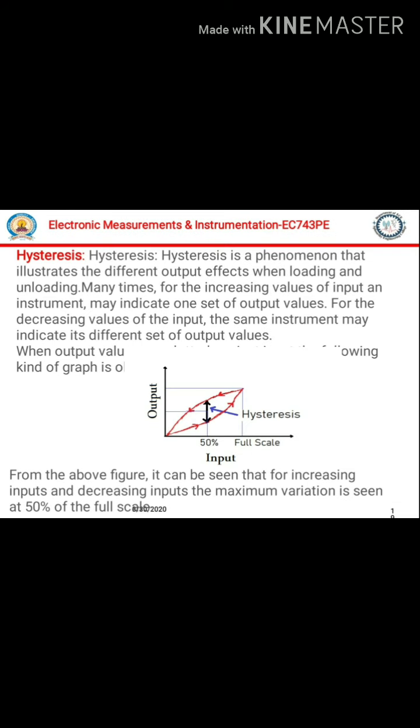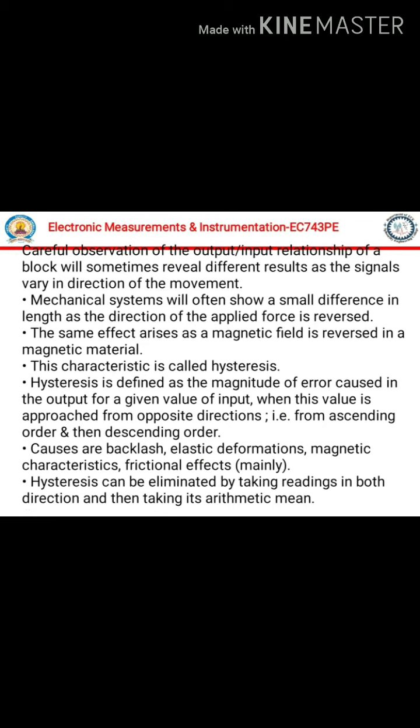Another static performance characteristic is hysteresis. Hysteresis means, suppose you use an instrument for reading measurements from lower order to higher order. For example, consider an electronic weighing machine, and you measure weights starting from 1 milligram and keep increasing: 1 milligram, 10 milligram, 50, 100, 1 kg, 2 kg, 10 kg.